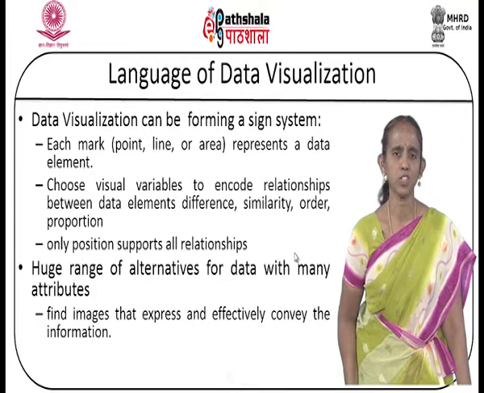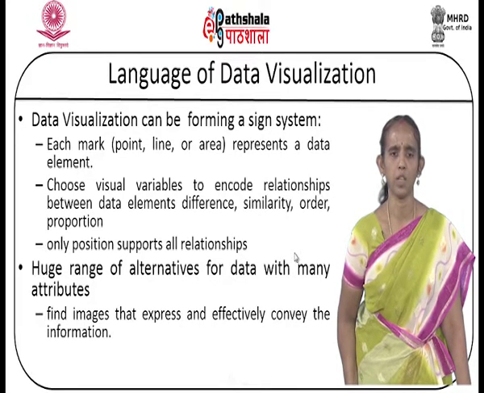Some of the relationships that exist between the data elements are difference, similarity between two types of data, order and proportion. Position alone will support all these kinds of relationships. There is a huge range of alternatives for data with many attributes, that is, we can find images that express and effectively convey the information.